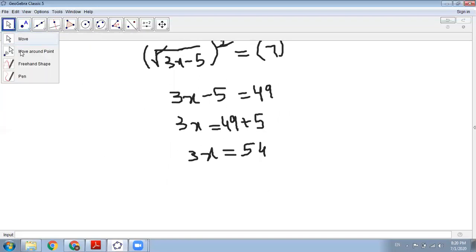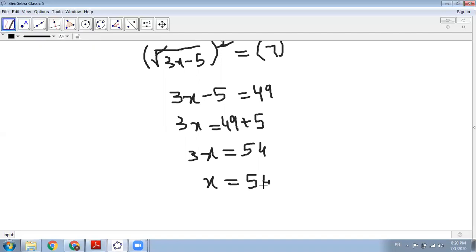Now the value of x will be x equals 54 over 3, meaning x is equal to 18.